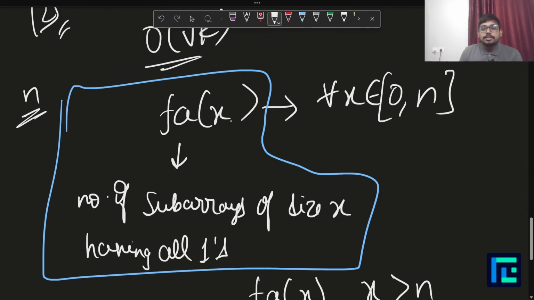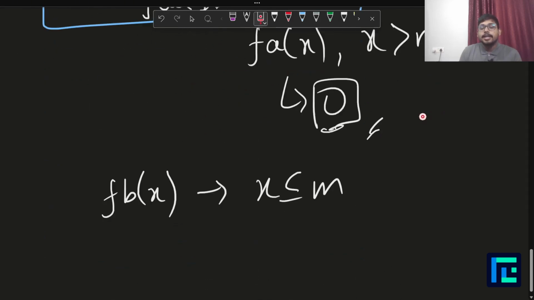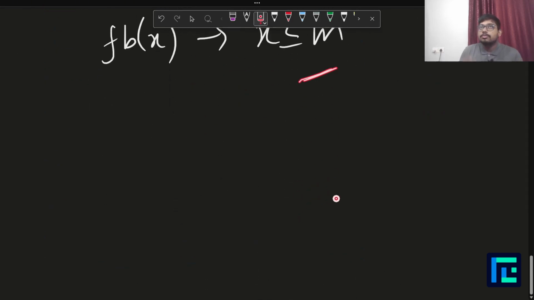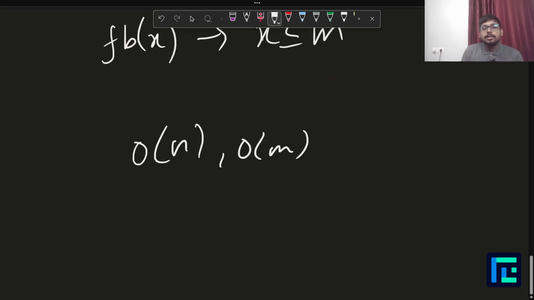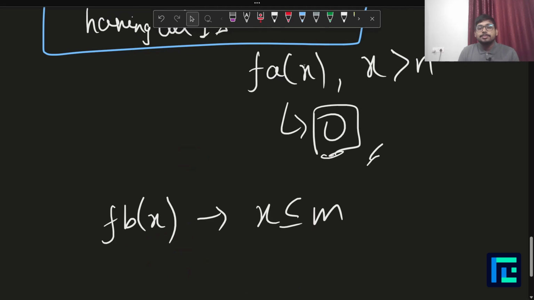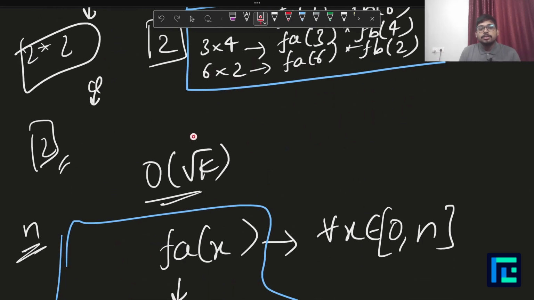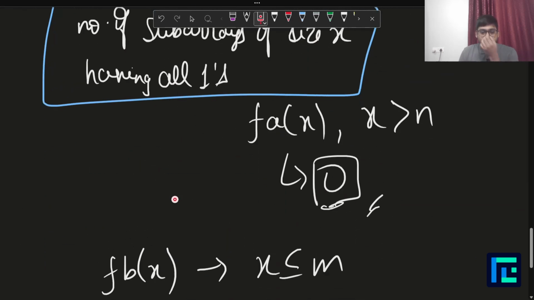Now, x goes up till n for A and up till m for B. So we need to compute these in order of n and order of m only. Then order of n time complexity is fine, order of m pre-computation is fine, and once these pre-computations are done, an order of root k final computation would also be fine. So this time complexity would be fine.